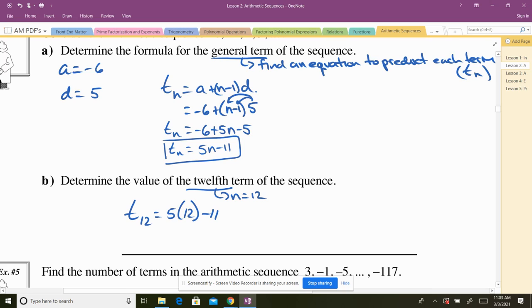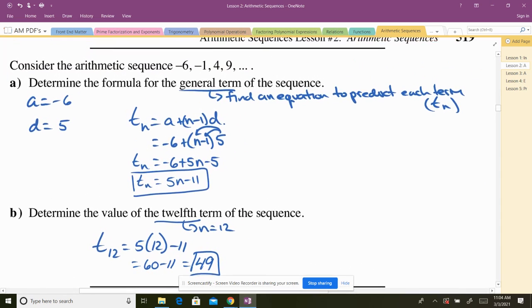You put 12 in for n. What's 5 times 12? 60 minus 11 is 49. So the 12th term in that sequence would be 49.